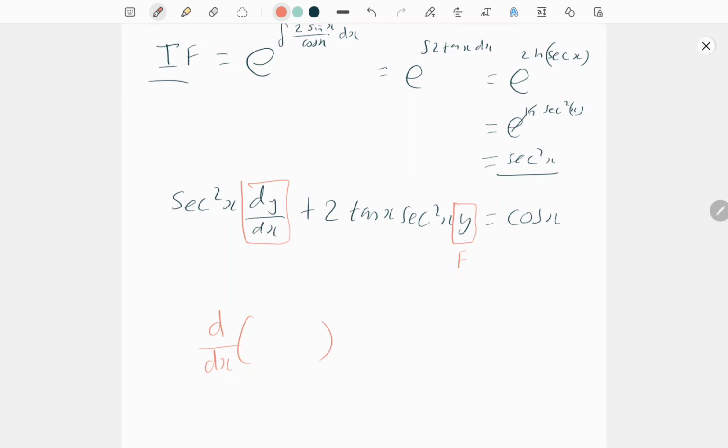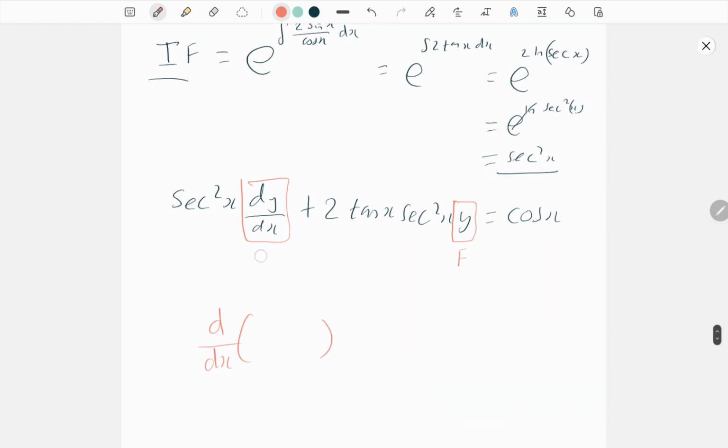So I'm just trying to figure out what that product is. So let's say this is our first function. This is the derivative of the first one. So this one should be our second function. Let's just see if it works. If that's our second function and we differentiate it, that's going to be 2 sec x, but you times by the derivative of sec as well, which is tan x.